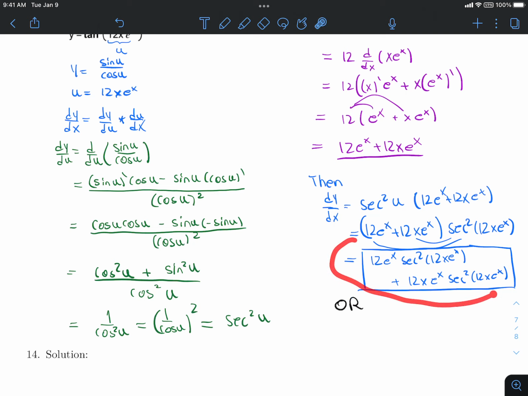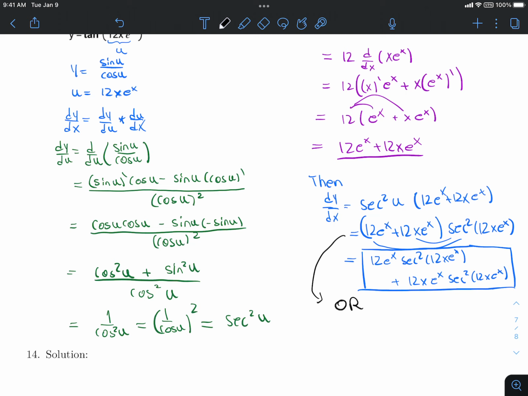Instead of following this path here and expanding, we'll try and factor more things out. So from this step, instead of foiling, they'll factor e to the x out, and maybe the 12 as well, right? Because the 12 also shows up.